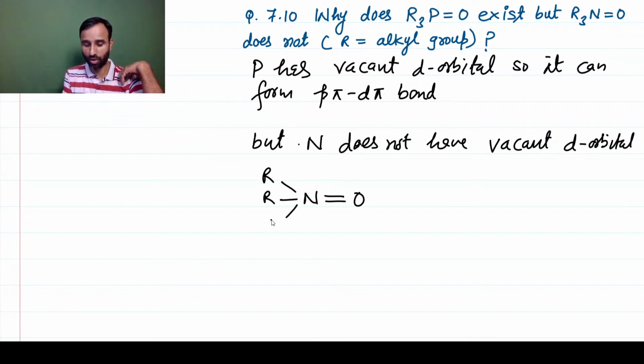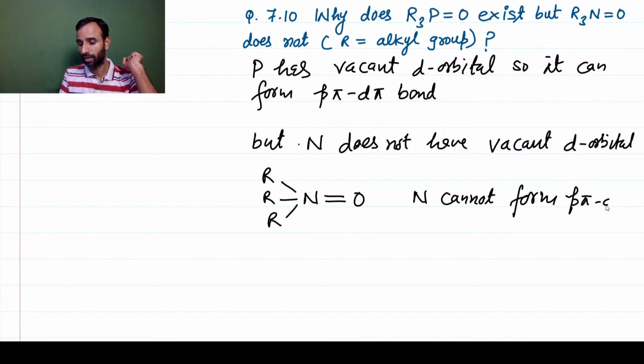Nitrogen cannot form 5 bonds, and at the same time, nitrogen cannot form a p pi-d pi bond. That's it. Okay, so that's all for the day.